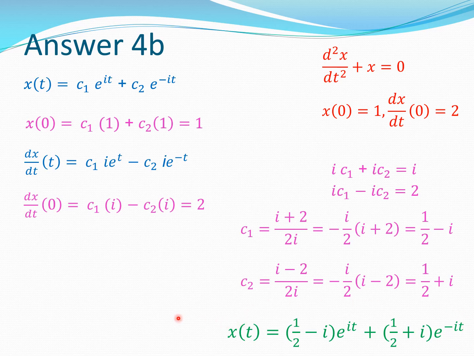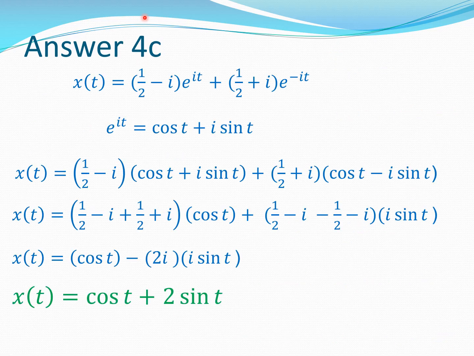Now you can of course further simplify it by using the relationship between the exponentials and the sine and cosine. So let's do that in this slide. I take this here, I use this expression e^(it) is cos t plus i sin t, and I substitute it throughout this particular equation. So I have basically brought in the e^(it) here, and the e^(-it) here.